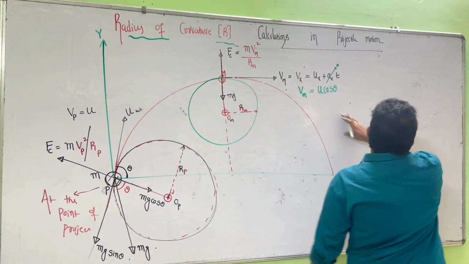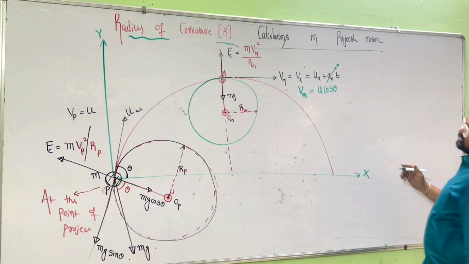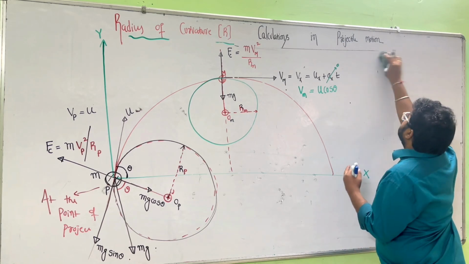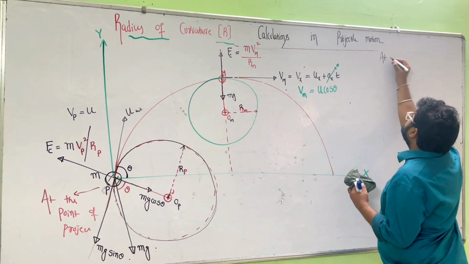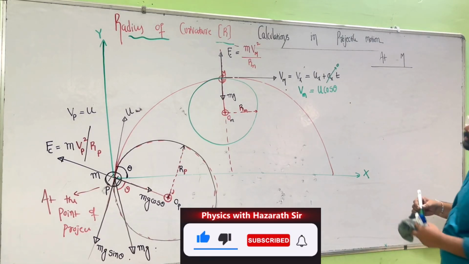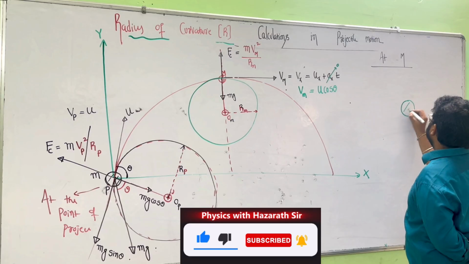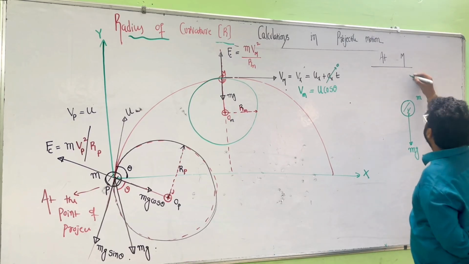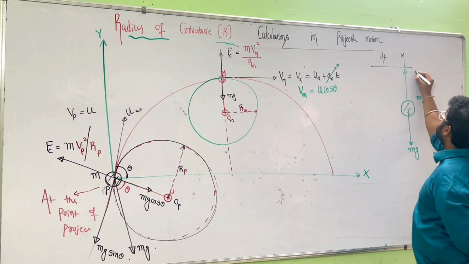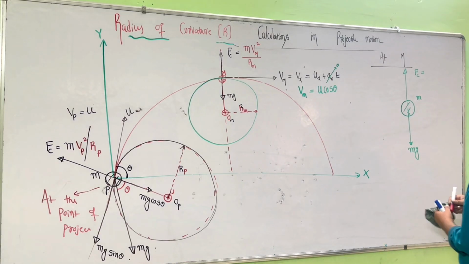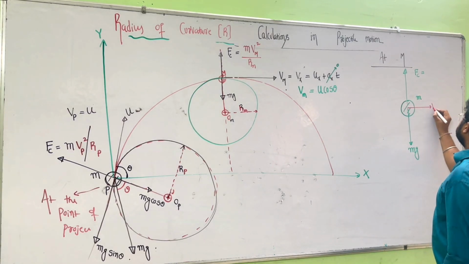If you draw the free body diagram for the point mass at maximum height, at M, Mg is balanced by whom? The centrifugal force. What is the velocity Vm?